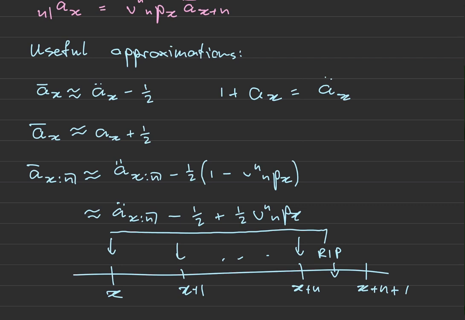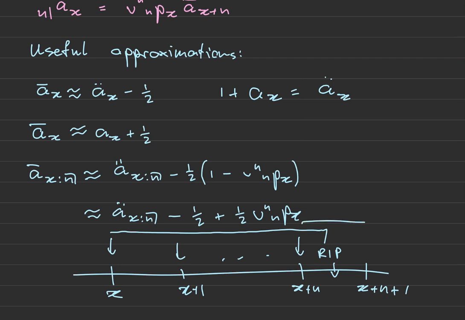And I'm going to assume that the death happened in the middle of the year. So uniform distribution of deaths, or I'm going to assume that deaths on average happen in the middle of the year. I have to make some sort of assumption to make this approximation, and that's one of the assumptions that I'll make. Once I've made that assumption, this payment must stop roughly in the middle of the year.